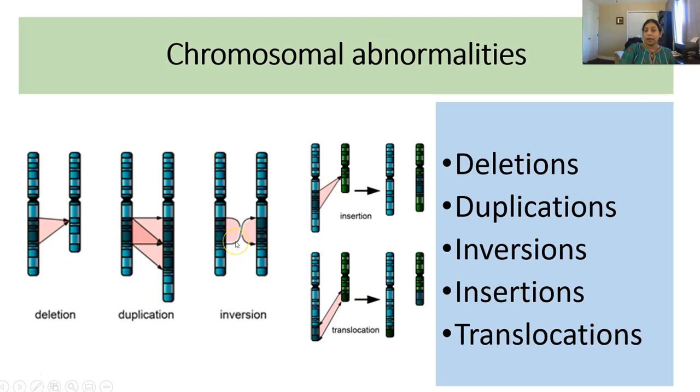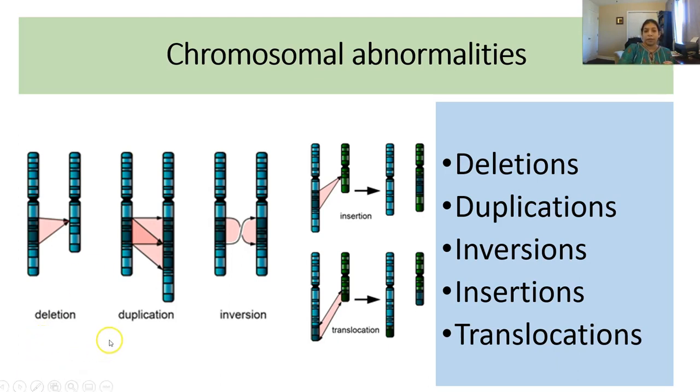All of these can have a deleterious effect if they are in important genes, for example leading to duplication of a particular gene where the amount of it was important for the proper function of the body.